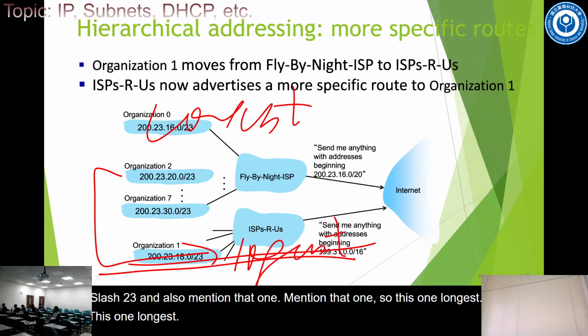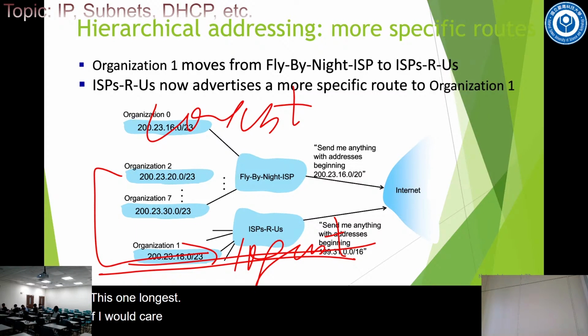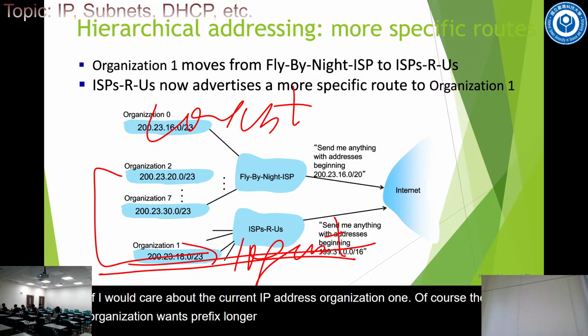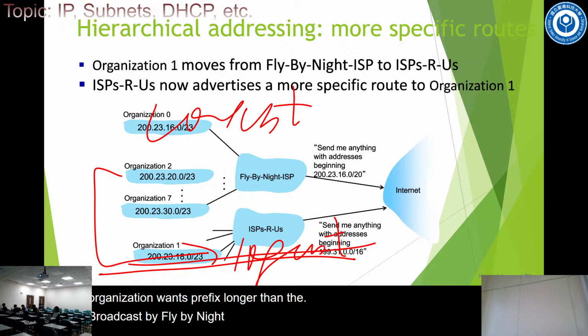If we care about the current IP address for organization 1, of course the organization 1 prefix is longer than the one broadcast by Fly By Night ISP.